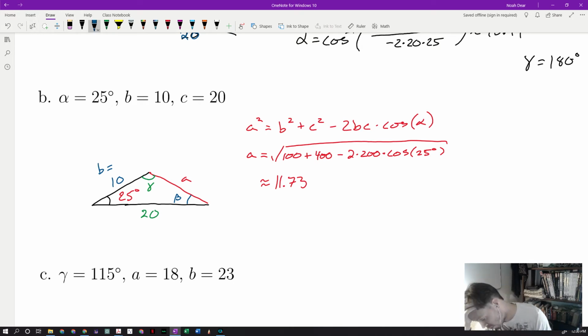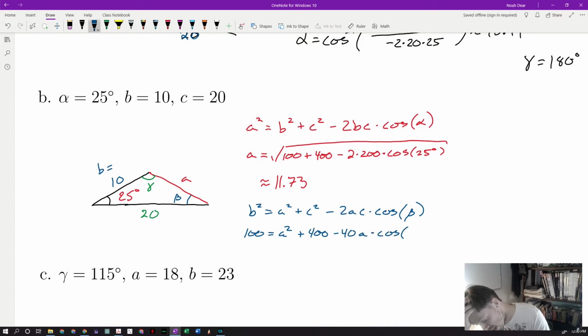All right, let's look for beta. So B squared equals A squared plus C squared minus 2AC times the cosine of beta. So I've got 100 equals A squared plus 400 minus 2 times C, which is 40A, times the cosine of beta.